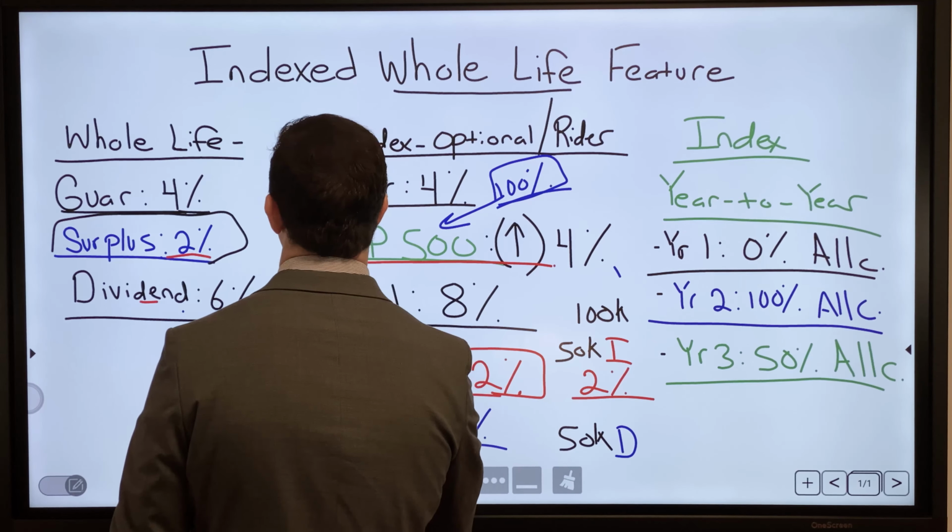Now, one last thing I forgot to mention is there is a cap on earnings. Meaning, if the S&P produces 30%, that does not mean that I'll participate in that 30% gain. There is going to be a cap.